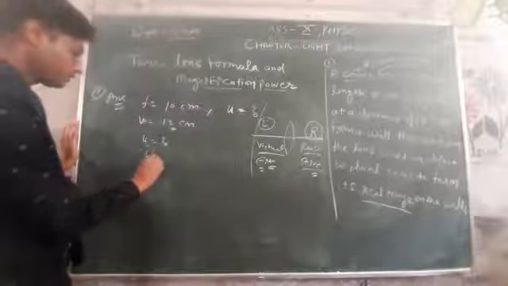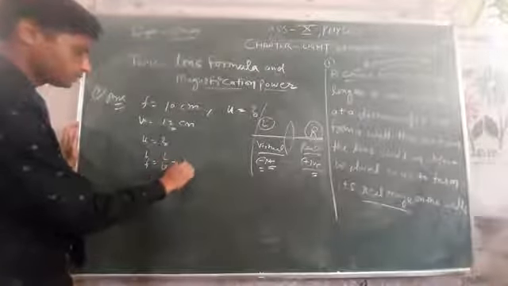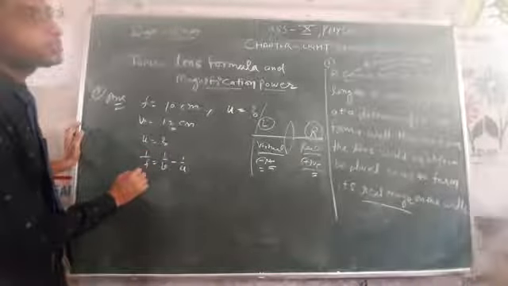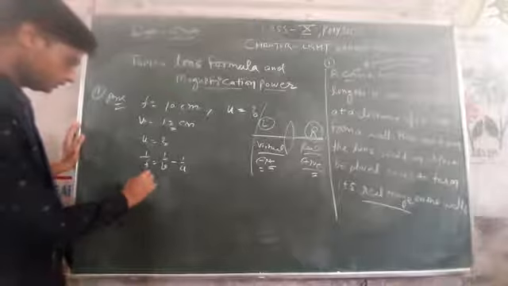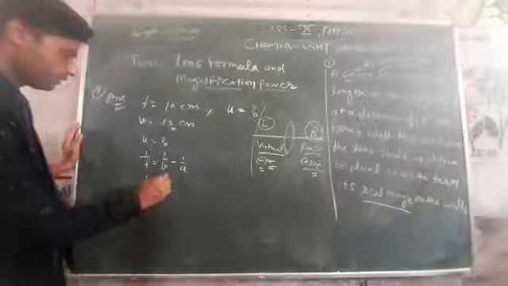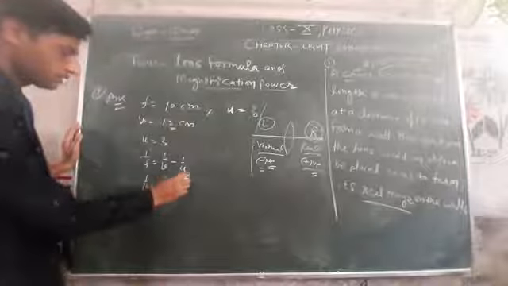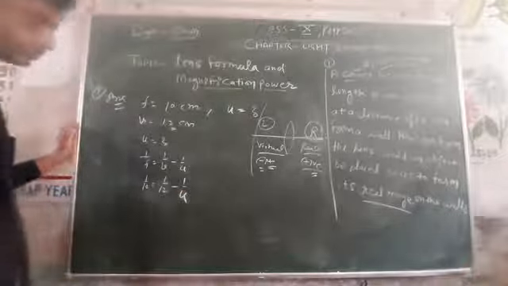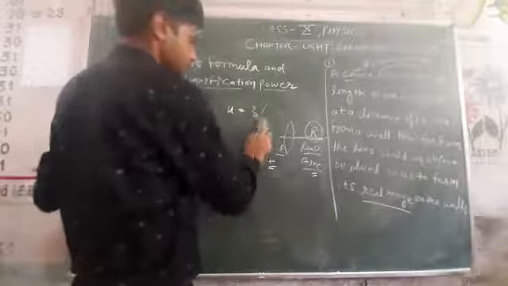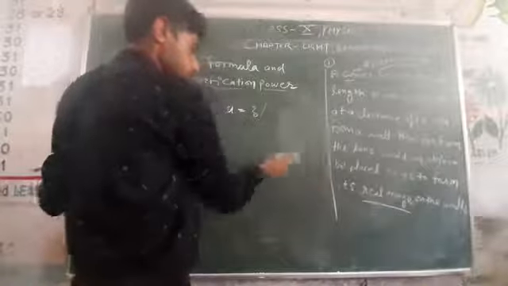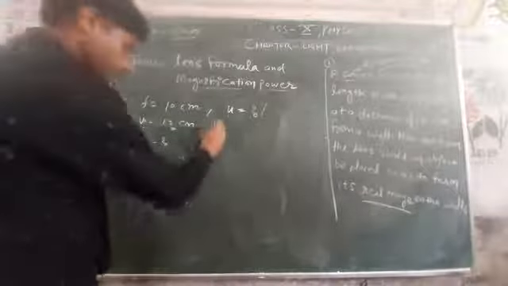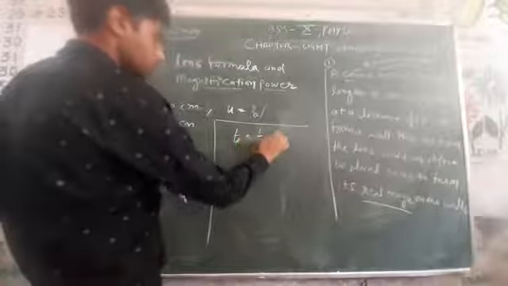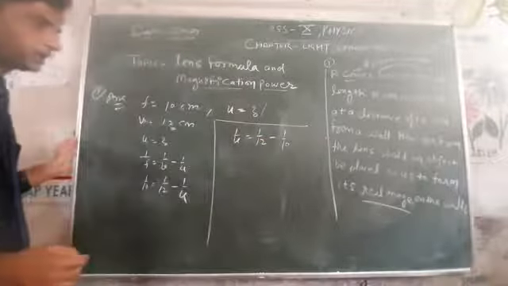So 1 upon f equals 1 upon v minus 1 upon u. By putting the values: focal length 10 cm, v 12 cm, and u I have to find. So 1 upon u equals 1 upon 12 minus 1 upon 10.